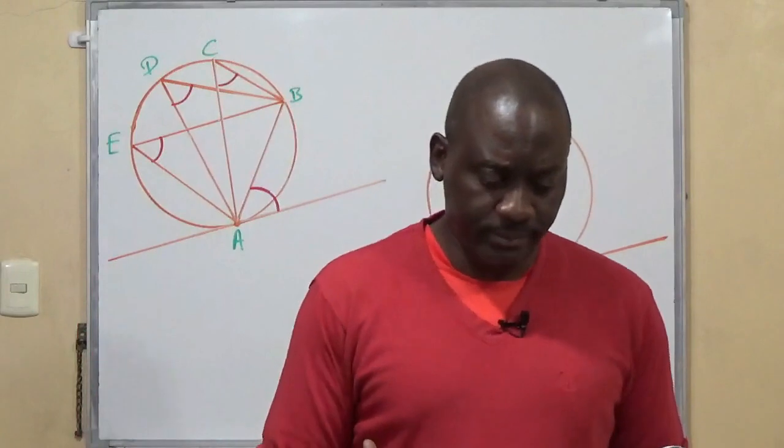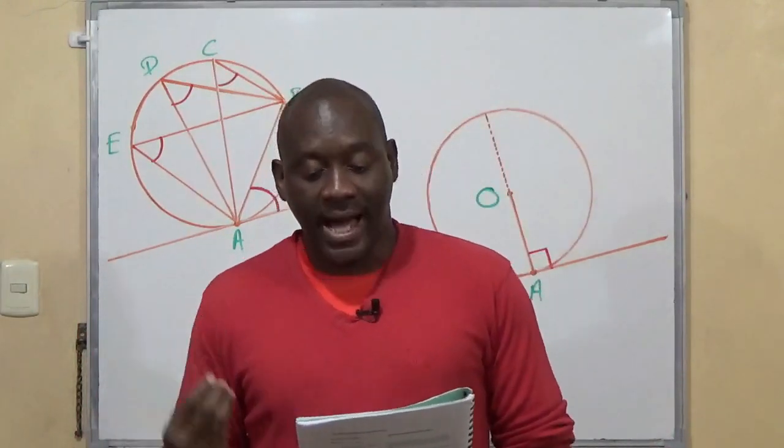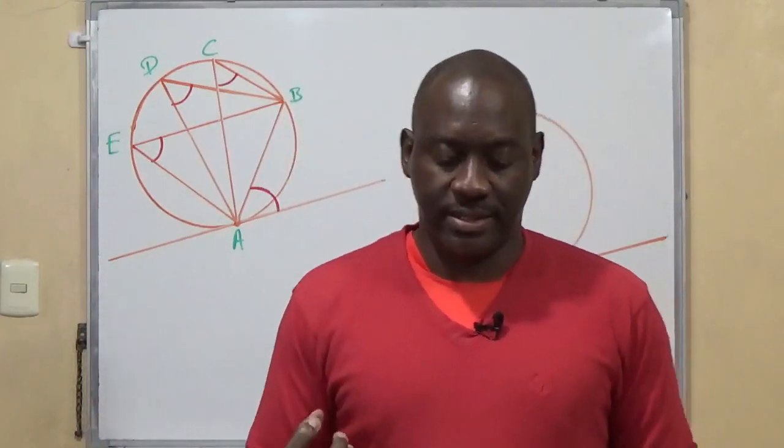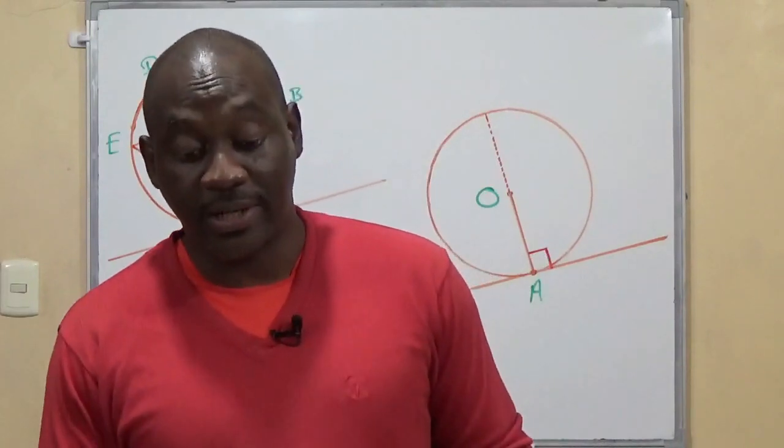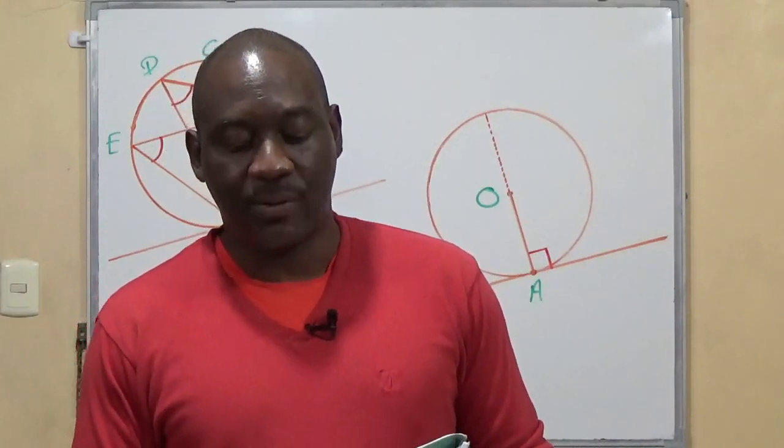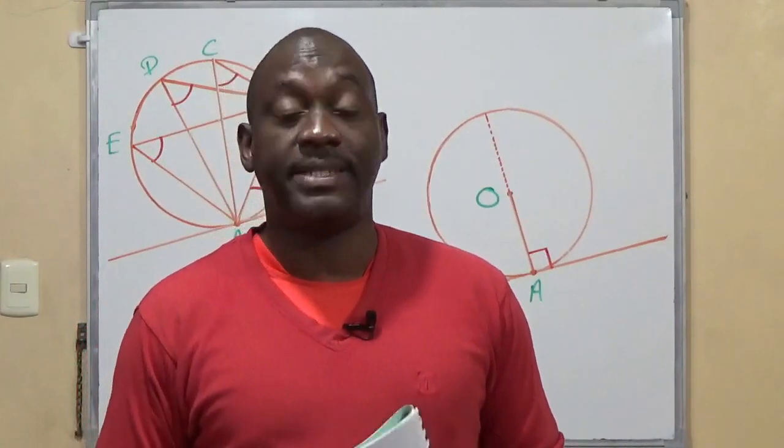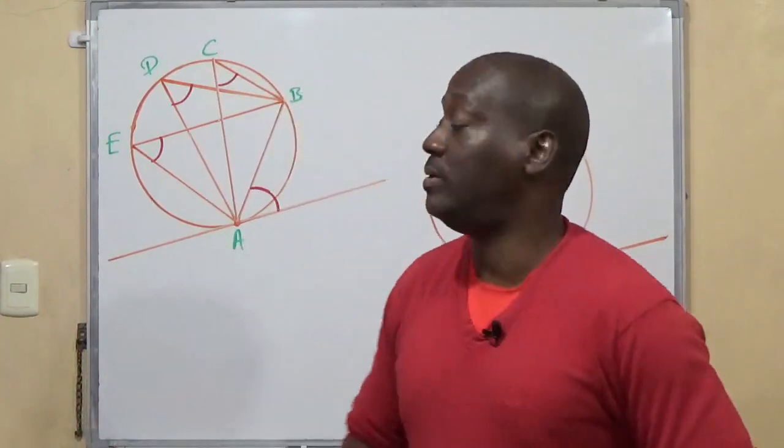Let me read that again. The angle between a tangent to a circle and a chord through the point of contact is equal to the angle subtended by the chord in the alternate segment.